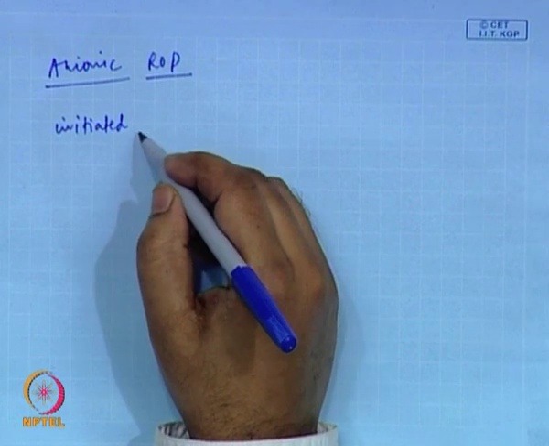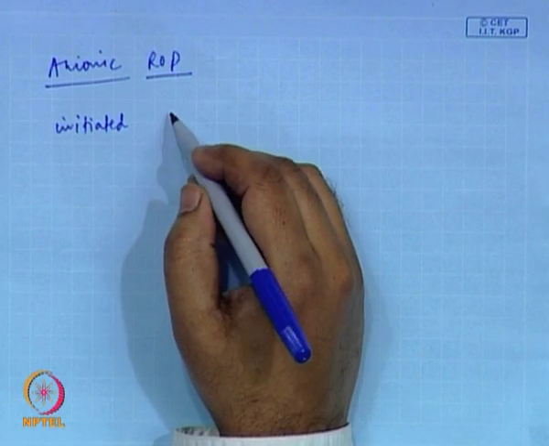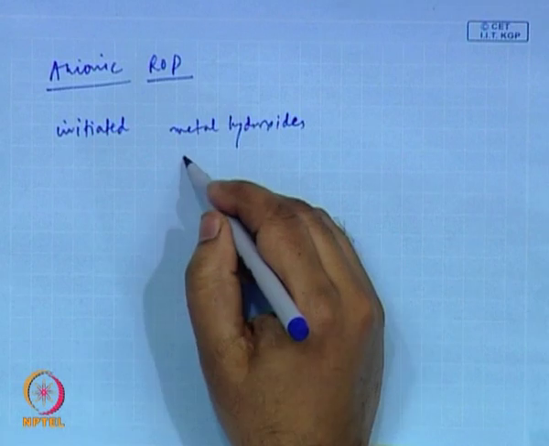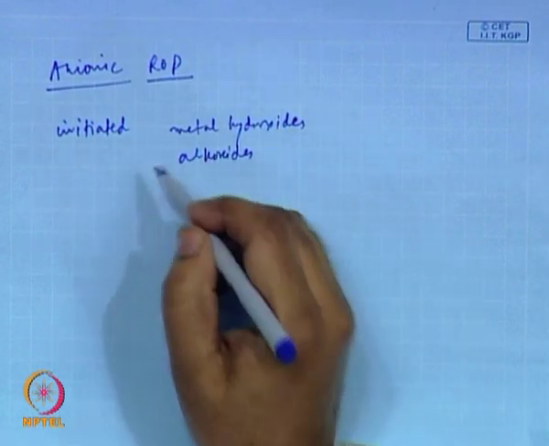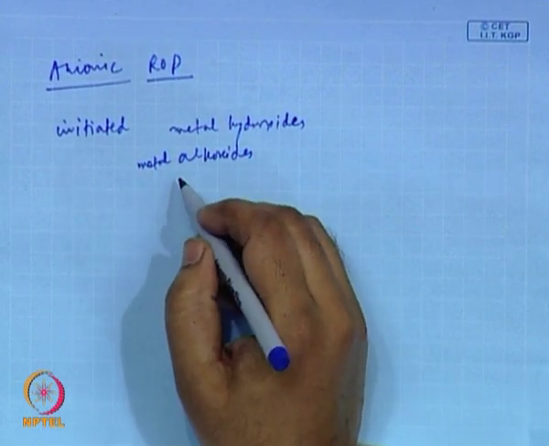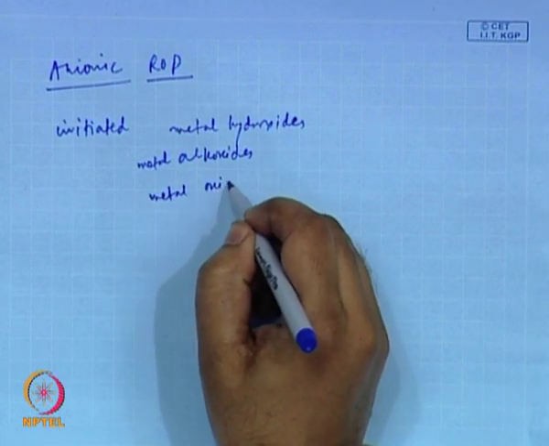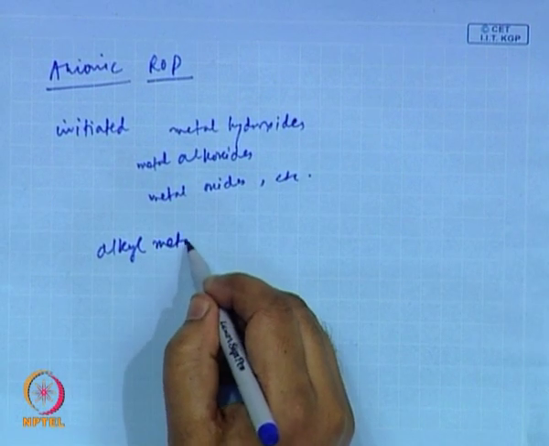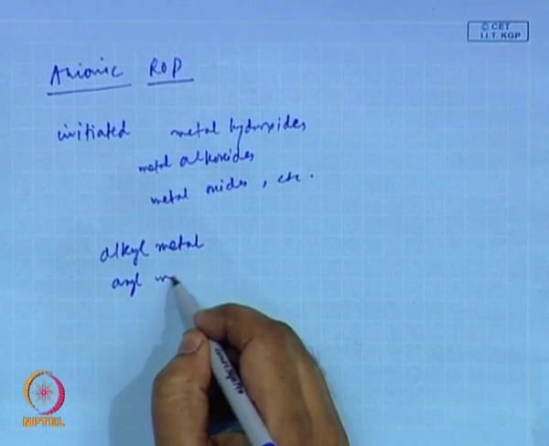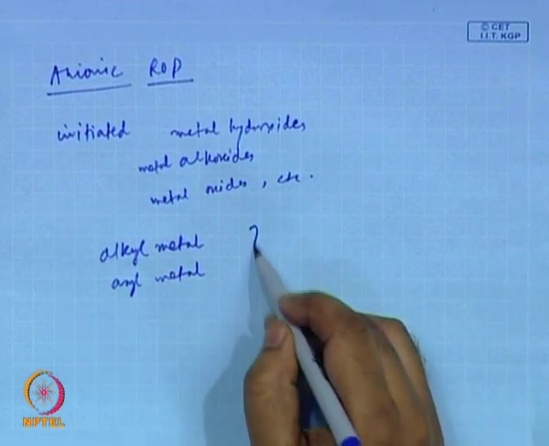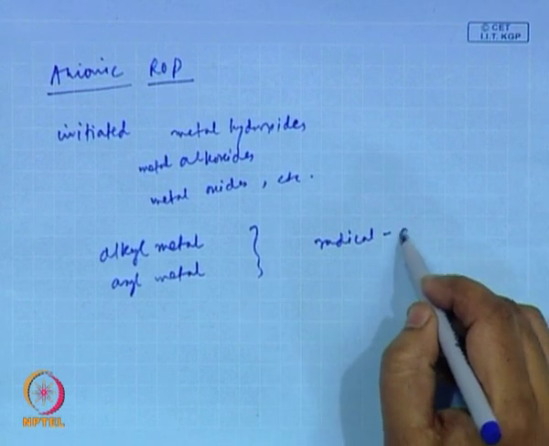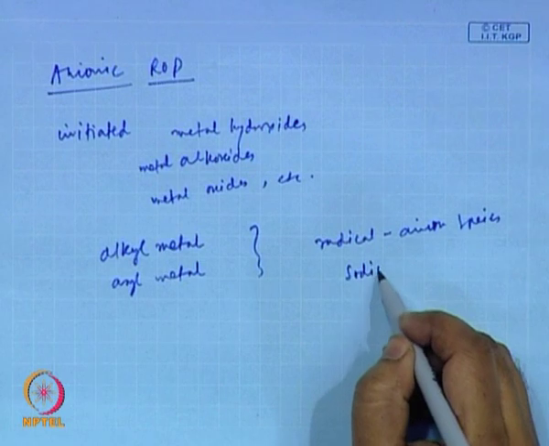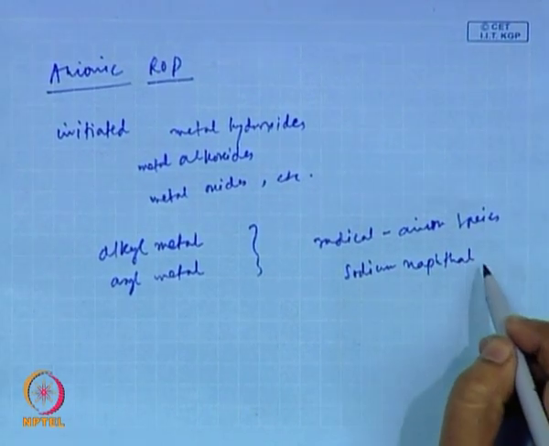Now, it is initiated by ionic initiators similar to those in linear chain anionic polymerization, like metal hydroxides, metal alkoxides or metal oxides, etc. Like we discussed earlier, alkyl metals like alkyl lithium or aryl metals can be used to initiate anionic chain polymerization, or radical anion species like sodium naphthalene.